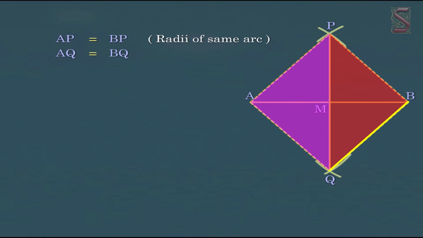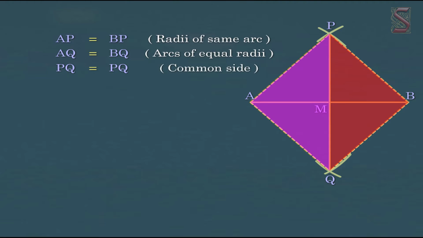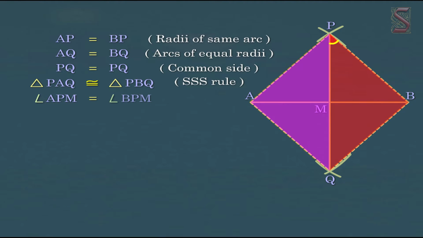AQ equals BQ as they are arcs of equal radii. PQ is common to both triangles, so PQ equals PQ. So by SSS axiom of congruency of triangles, triangle PAQ is congruent to triangle PBQ. So angle APM is equal to angle BPM as they are congruent parts of congruent triangles.